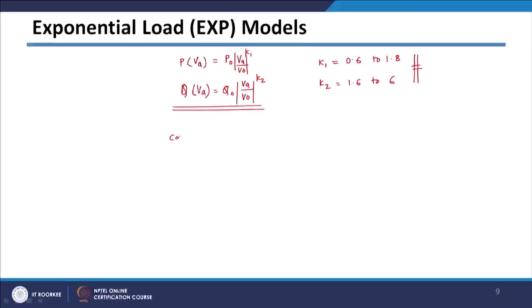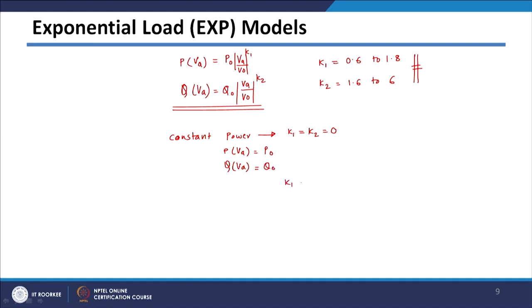Now, for constant power loads, the K1 and K2 coefficients will be equal to 0. When K1 and K2 are equal to 0, the load behaves as constant power, because in this case P(VA) will be just P0 and Q(VA) will be just Q0.